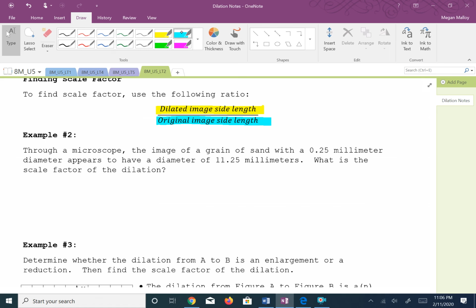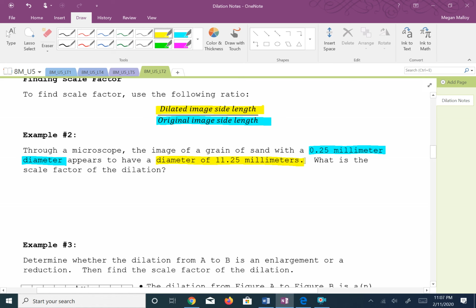Okay, so a grain of sand is incredibly small, and so we are able to see that the original size of that grain of sand is 1/4 of a millimeter in its diameter. Yet when we put it under a microscope, it appears to have a diameter of 11 1/4 millimeters.